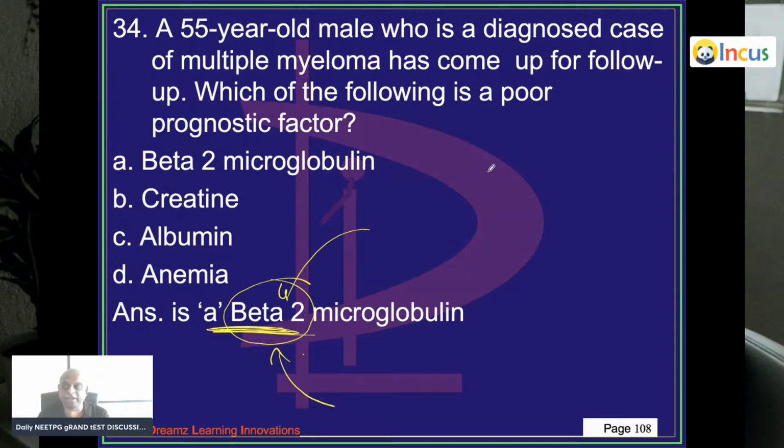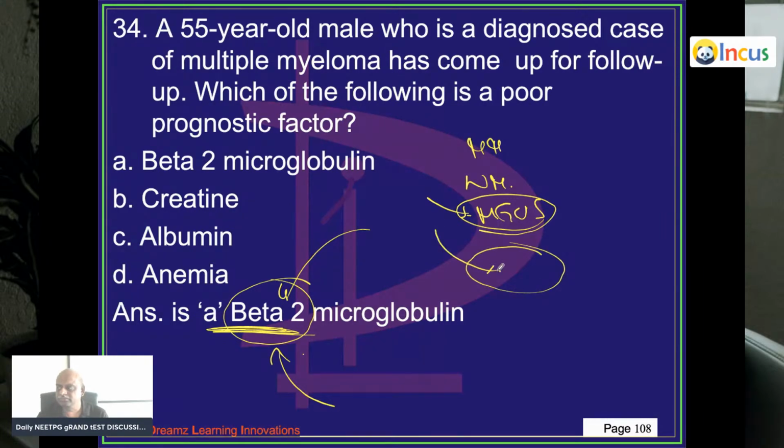This thing. Once more, what did I tell you? Brother, read multiple myeloma, read Waldenstrom's macroglobulinemia, MGUS, monoclonal gammopathy of unknown significance, or heavy chain disease. What are their definitions? Everything, anything about multiple myeloma. The other day, what was the question?